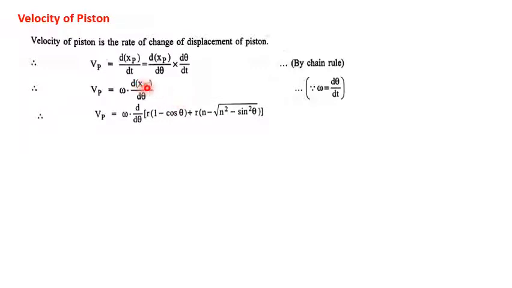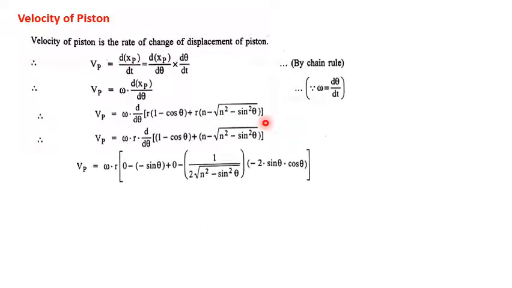We have to differentiate xp, that is the displacement equation. So what happens if we differentiate this equation with respect to theta? Omega and r are constants, so take them outside. Differentiate the remaining term, that is 1 minus cos theta plus n minus root of n square minus sine square theta. The differentiation of 1 is 0, whereas here we have minus; differentiation of cos theta is minus sine theta.